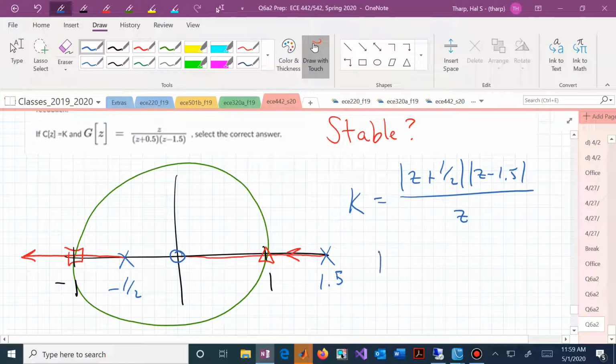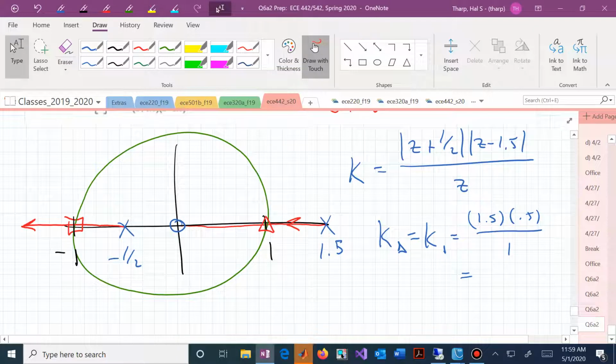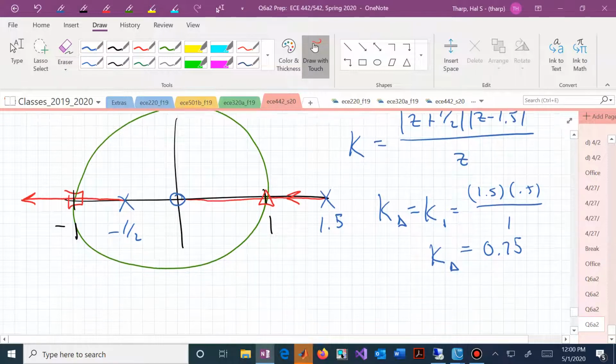And we now look at what's happening when z is equal to 1. So we now have 1.5 and we have 1/2, all divided by 1. This says that 1/2 of 1.5, the minimum value of our gain, hopefully at the triangle, is 0.75.